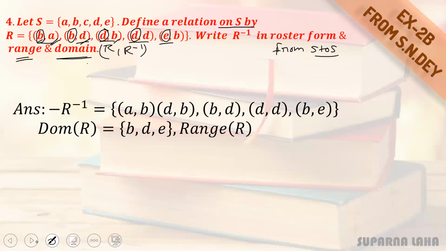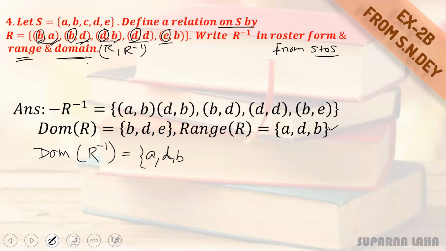Domain is B, D, E and range of R is A, D, B. And if we want to write down the domain for R inverse, then simply write down the range for R, that is A, D, B, and the range of R inverse is given by this B, D, E.